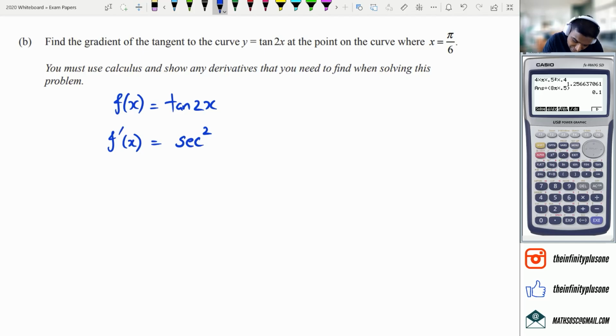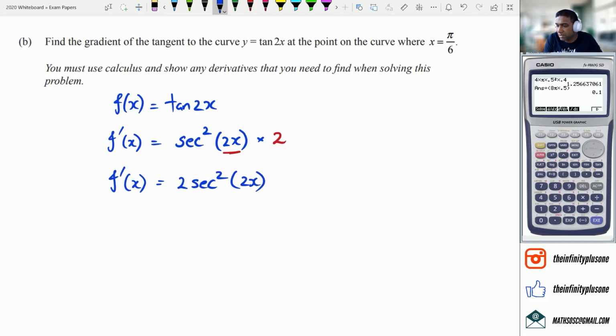That's always a hard one to say. Sec squared 2x. And of course, I've got to multiply by the differentiation of whatever's inside the bracket. So in this case, it's going to be 2. So my gradient function is 2 sec squared 2x. And of course, I've got to substitute pi over 6 to actually try and figure it out.